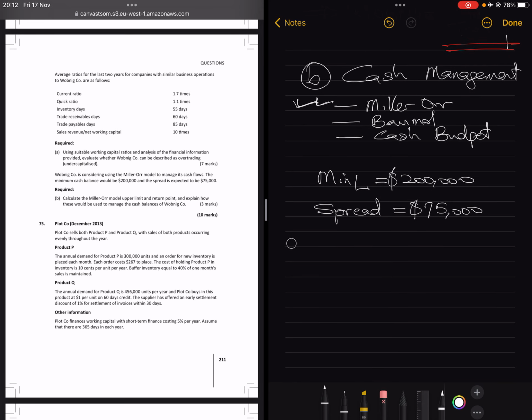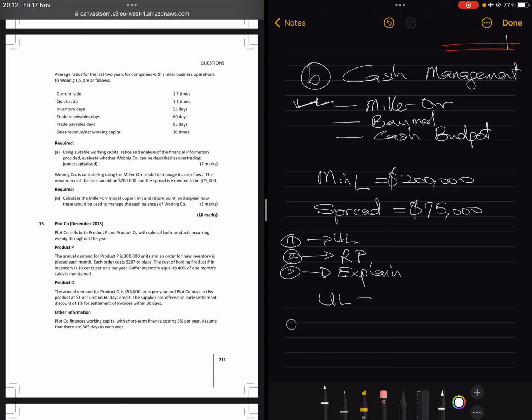But we have been asked to calculate the upper limit. And we also have to calculate the return point. Then we will need to explain. So 3 things, take note, that we have to do. Explain how this will be used to manage the cash balance of Wobnic.